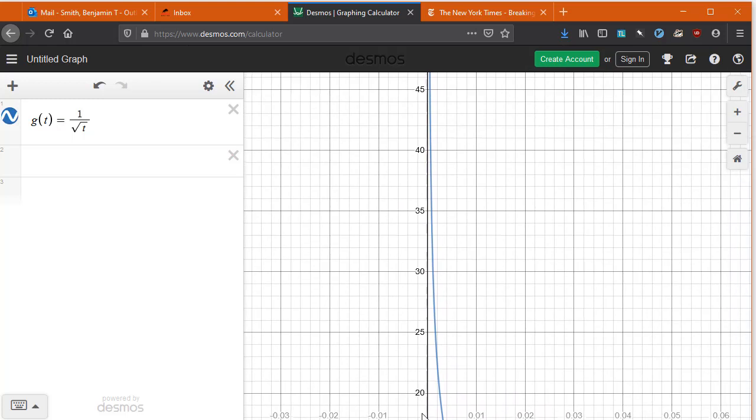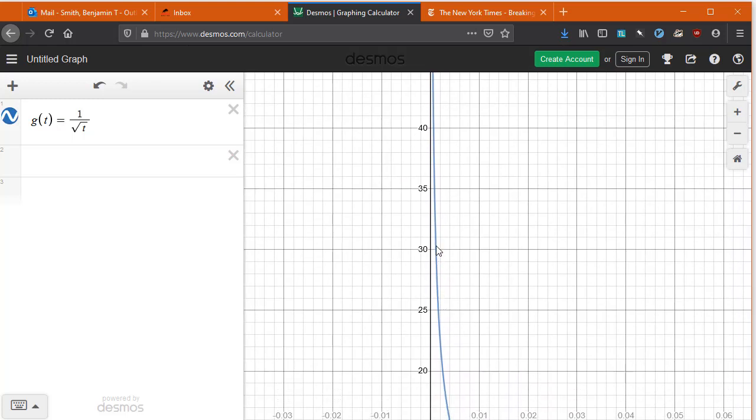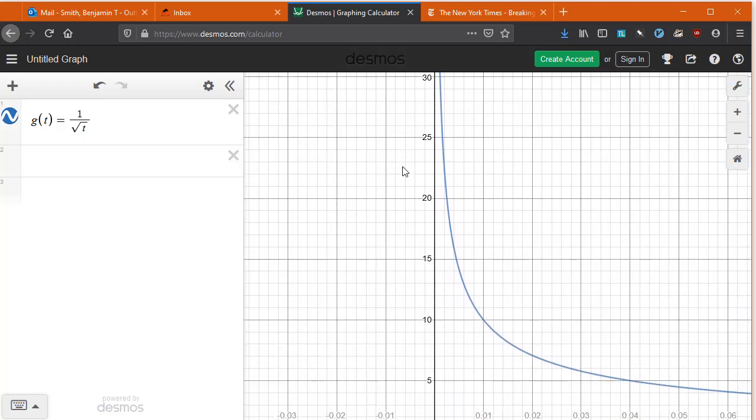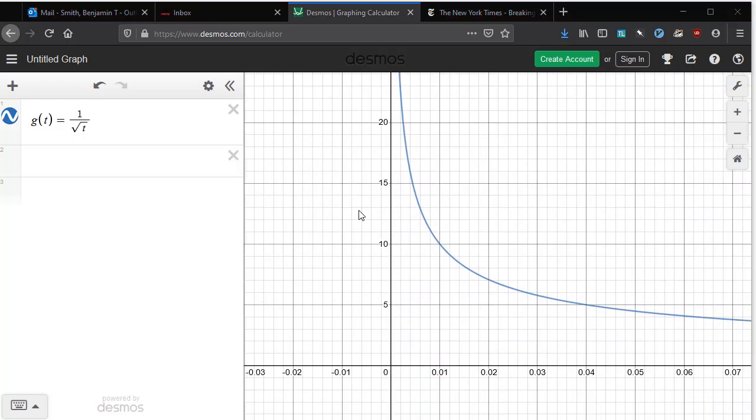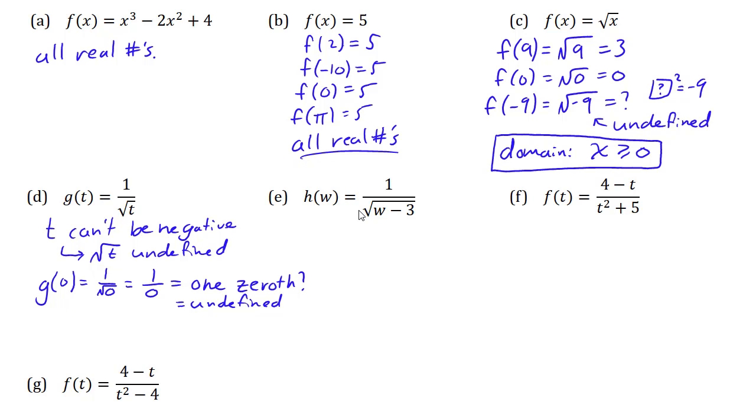But if t is equal to 0, there's no actual point there. It just gets closer and closer to where t equals 0, but g of 0 is undefined. So that's what that looks like in a graph. So the domain is only positive numbers, greater than 0, but not equal to 0.